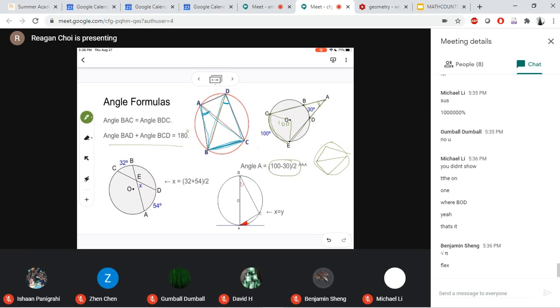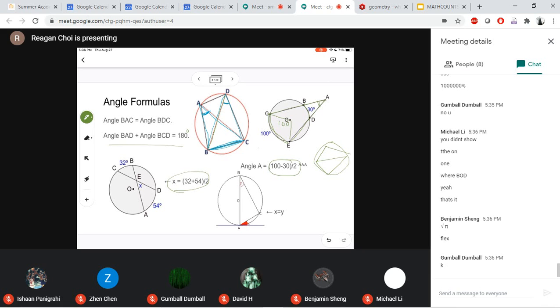And if they intersect inside the circle, then you add them up and divide by 2 to find the angle. These two aren't the most important, but they're important. I'll show the next one right now.